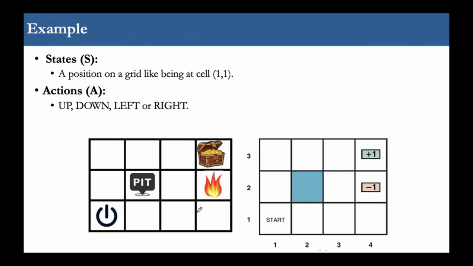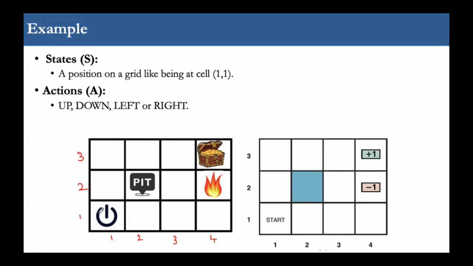Now we will see an example for MDP. Here we have an environment with 3 rows and 4 columns. This is the first row, second row and third row. Similarly, we have 4 columns, first column, second column, third column and fourth column.